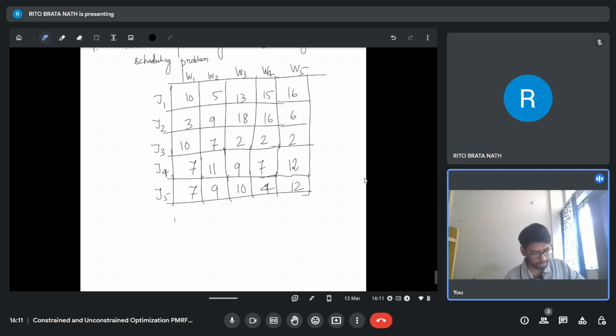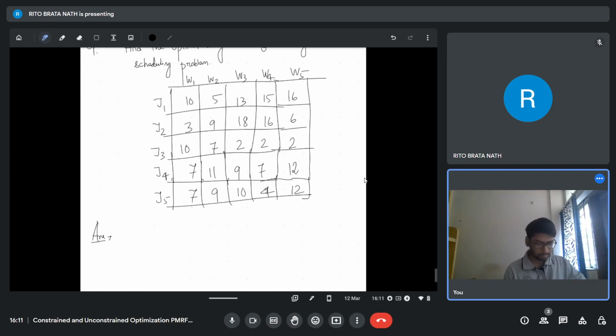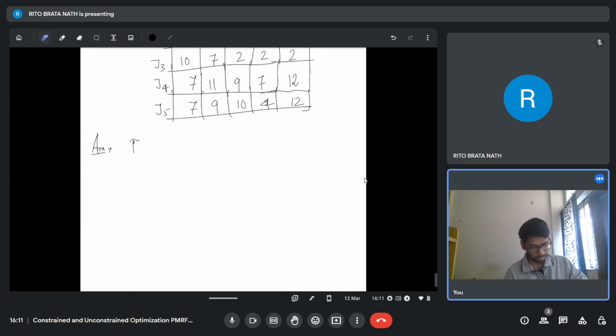So the number of assignments, okay, you will do later. Okay, so now let me start this problem. What you can first do is the first transformed matrix.